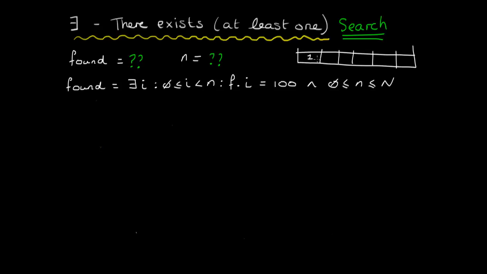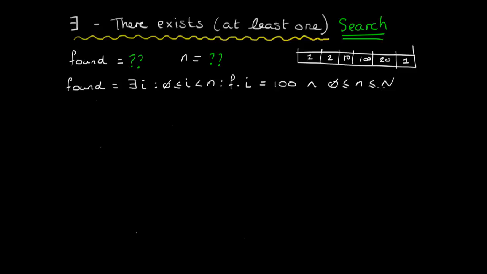So we might have some values in there, 1, 2, 10, 100, 20, maybe 1 again. So we're dealing with an integer array, and we're basically saying, does the value 100 exist in the array, or is there at least one occurrence of 100 in the array? So we say there exists an I greater than 0 less than n, f.I equal to 100.